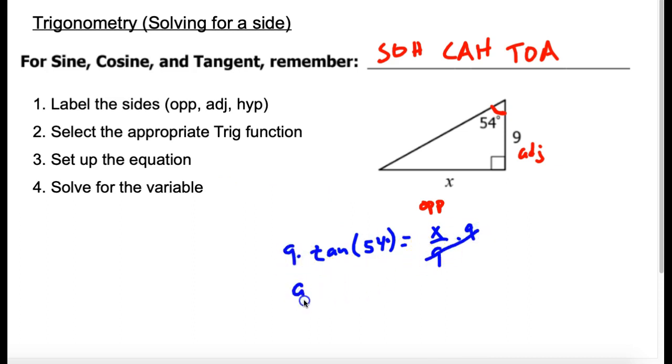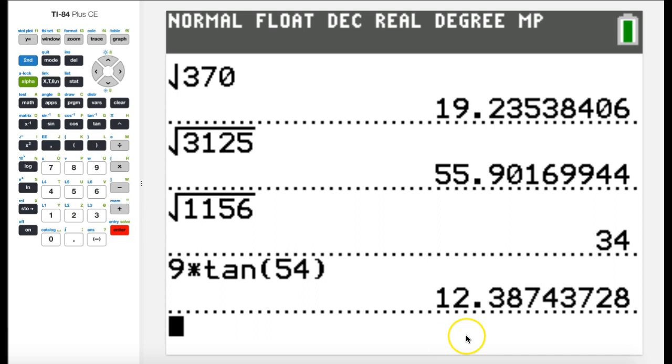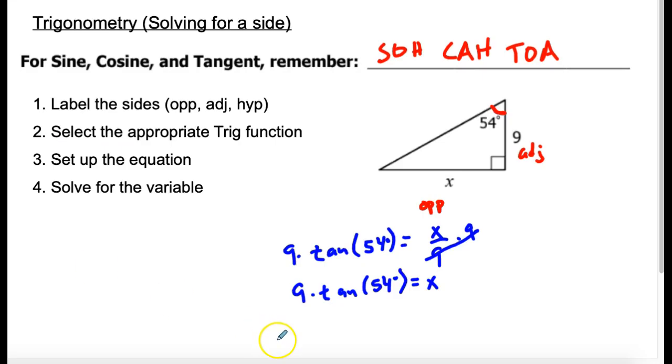These 9's cancel, and I can put 9 times the tangent of 54 into the calculator. All right, so 9 times the tangent of 54 gets me 12 point, and since this is 5 or greater, this would round up to 12.4. So I get that my missing side is 12.4.